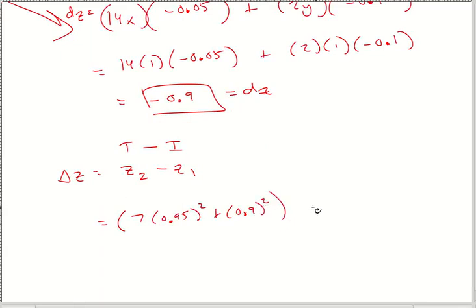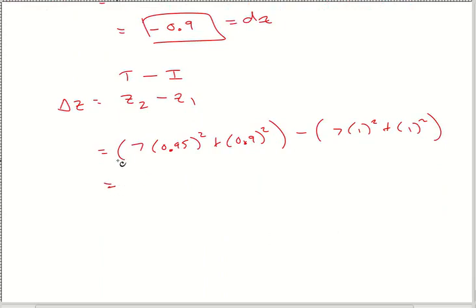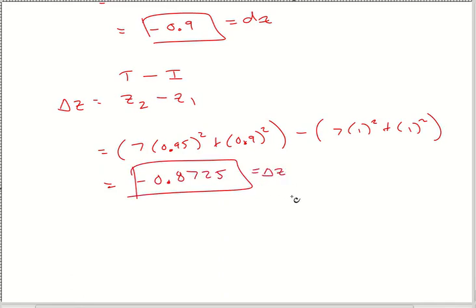It was just so cool. So this is Z2 minus Z1 was my original, which is, again, just 1, 1, basically, like that. You just put all this in a calculator, and you get negative 0.8725. There you go. And again, that's my delta Z.